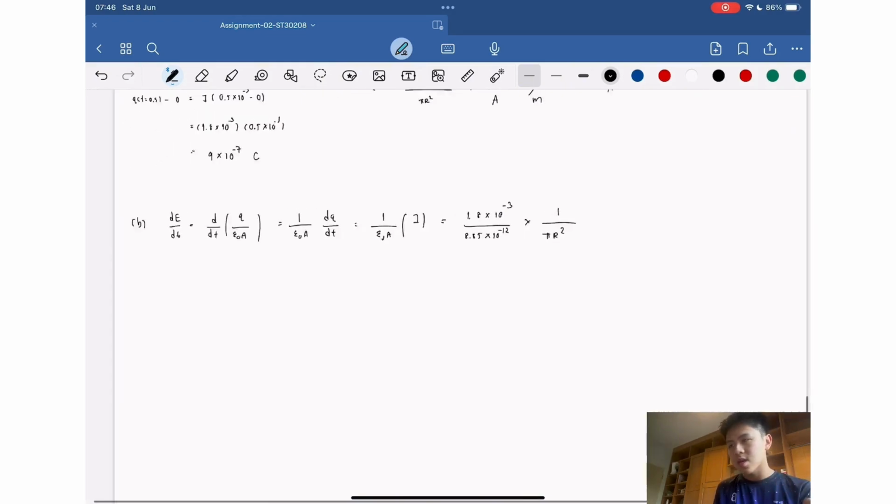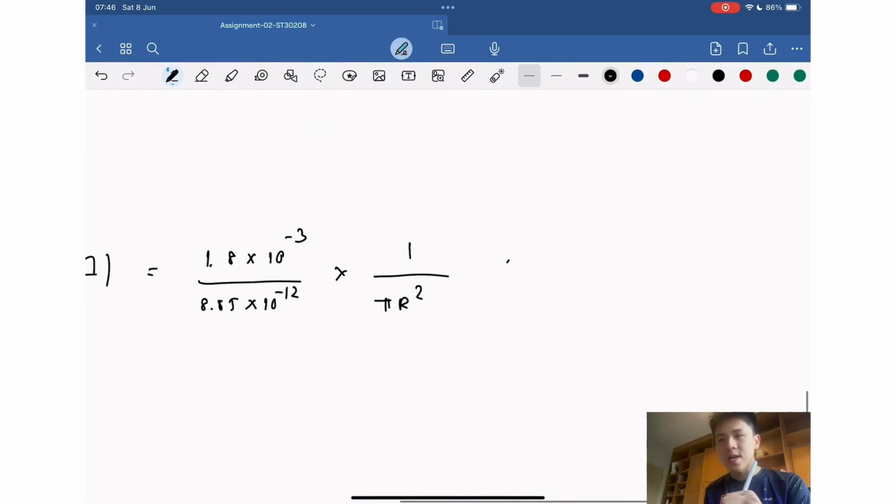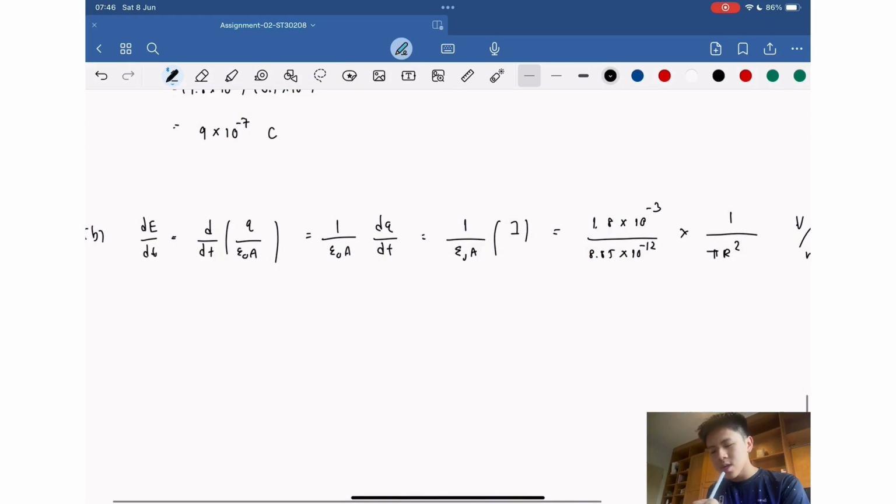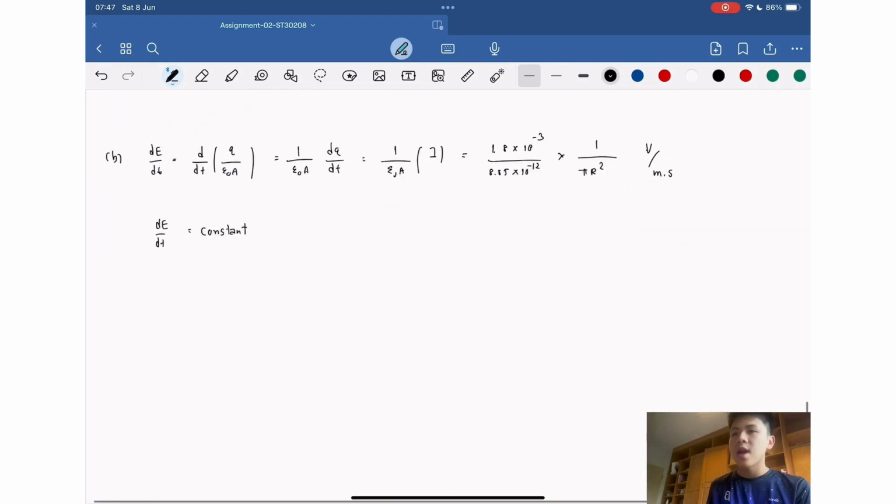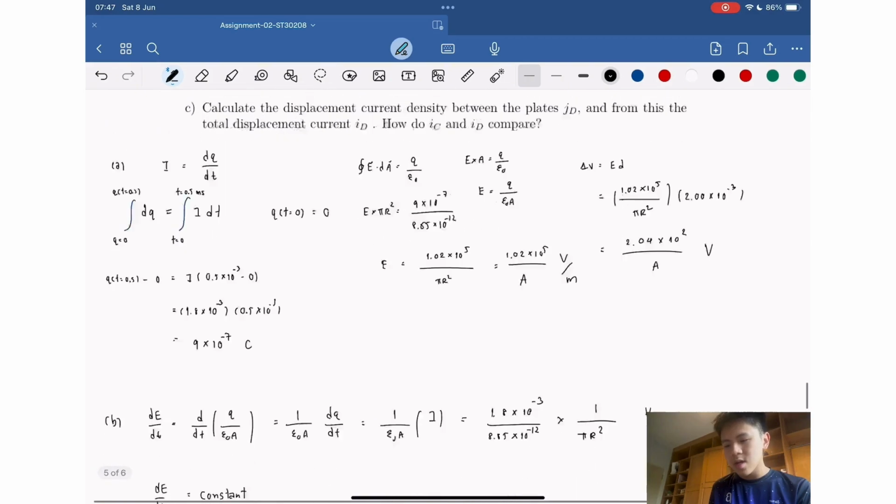So this is the dE by dt, which is constant and doesn't vary in time.